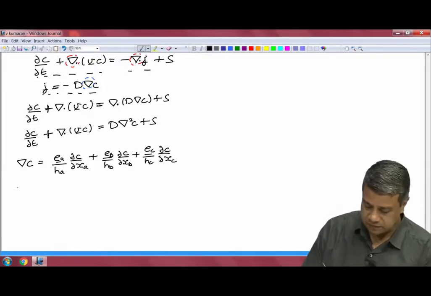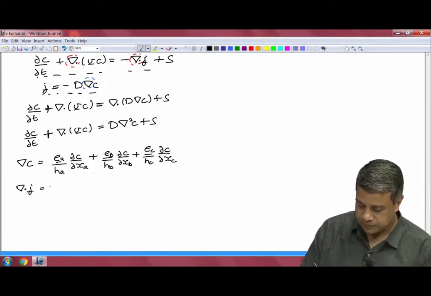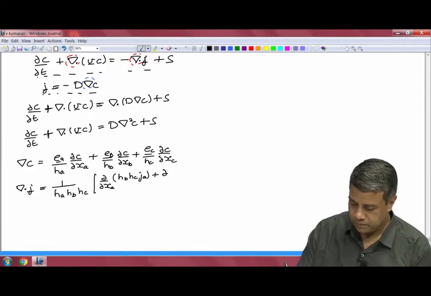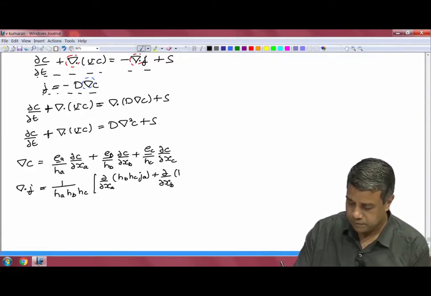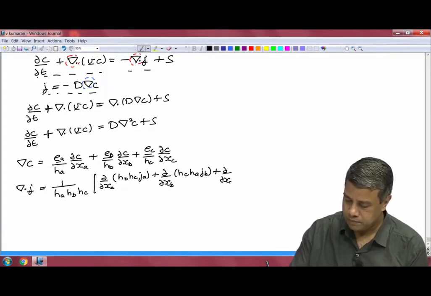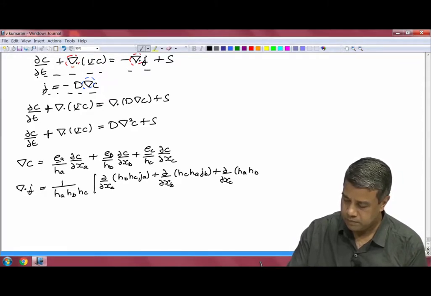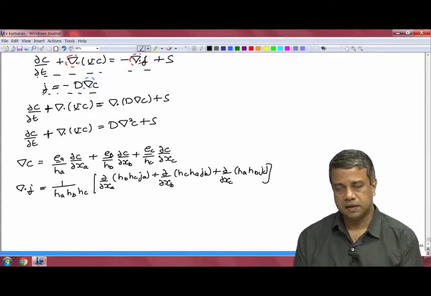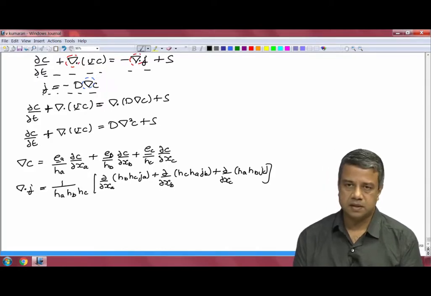That was the gradient. The divergence of a vector was defined as 1 by ... where x a, x b and x c are the coordinates, E a, E b and E c are the orthogonal unit vectors, and H a, H b and H c are the scale factors.